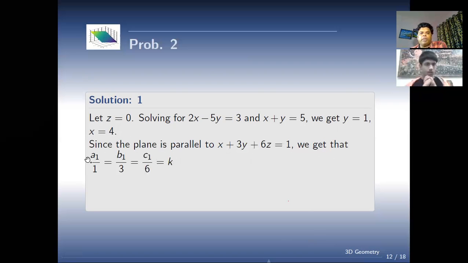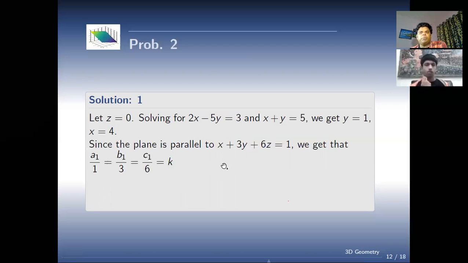If I assume my new plane to be a1x plus b1y plus c1z equals d1, then because the plane is parallel to x plus 3y plus 6z, a1 by 1 should equal b1 by 3, which equals c1 by 6, and all of these are equal to some constant k.